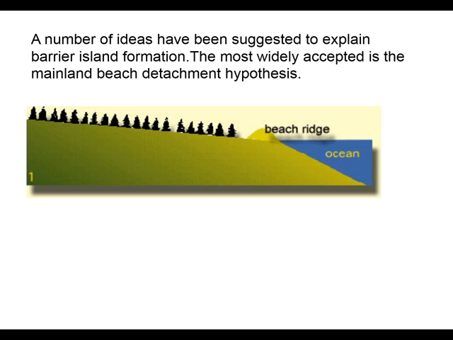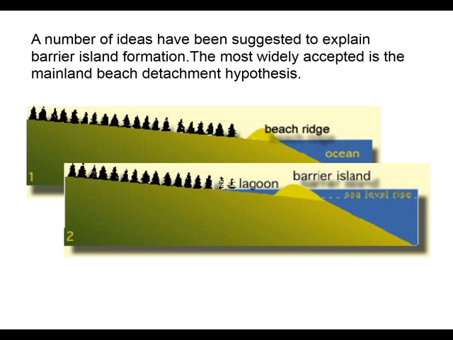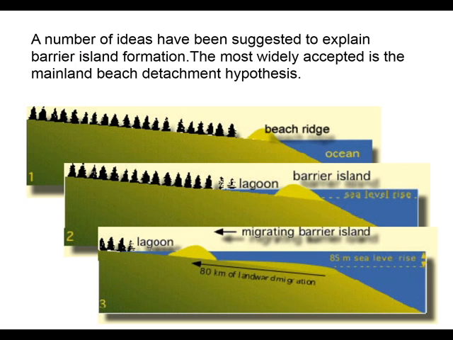The idea there is that you have spits that grow from headlands, and gradually these underwater shoals emerge, and as the mainland is isolated with rising sea level, the barrier island is left offshore, and this barrier island actually migrates inward. It essentially chases the retreating mainland with rising seawater.